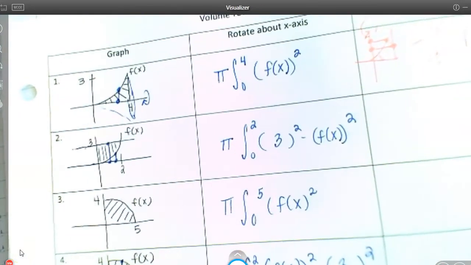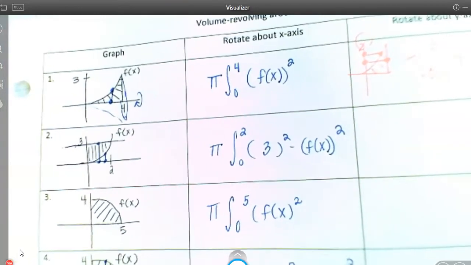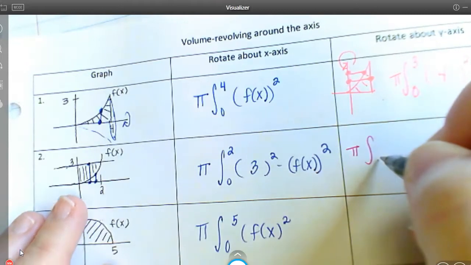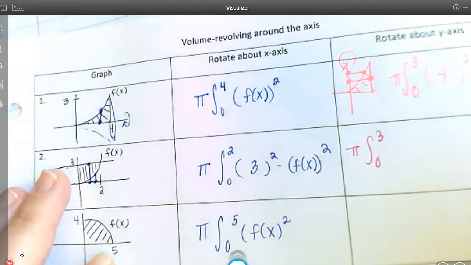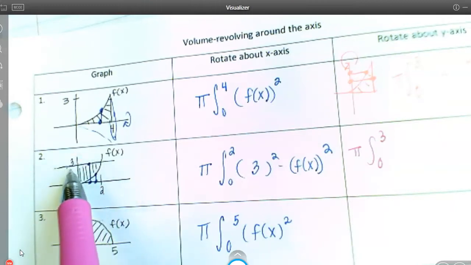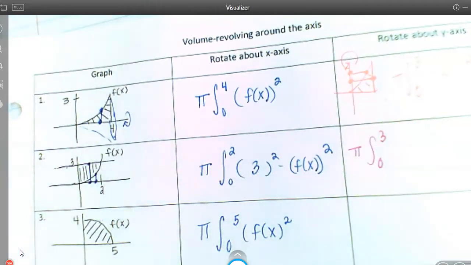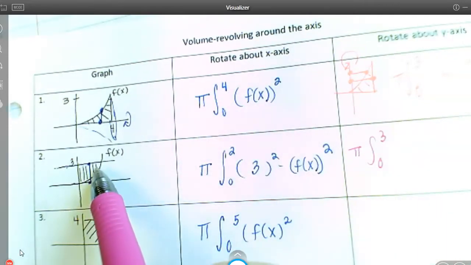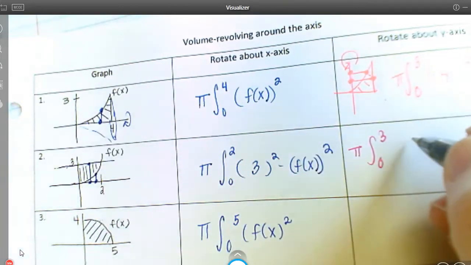Okay, so for number 2, if I go around the y-axis, first of all, I know that there's a pi, and I know I'm going to go from 0 to 3. Alrighty, so I'm taking this part of going around the y-axis. There's no hole. It's just the filled-in bowl. And so I'm coming to the y-axis, so from the outside to the y-axis, so it's just one thing.